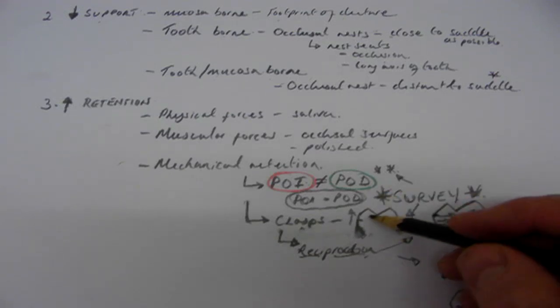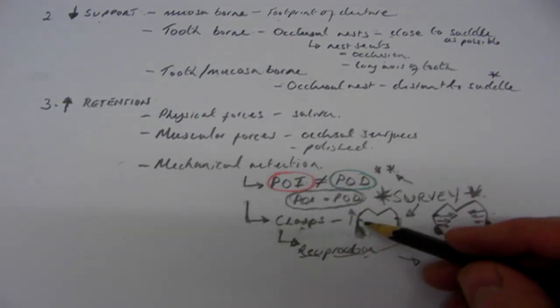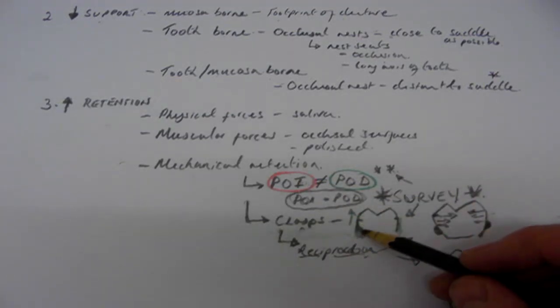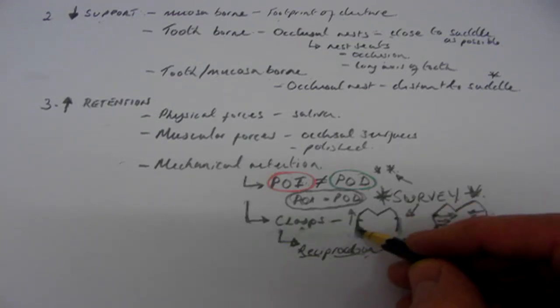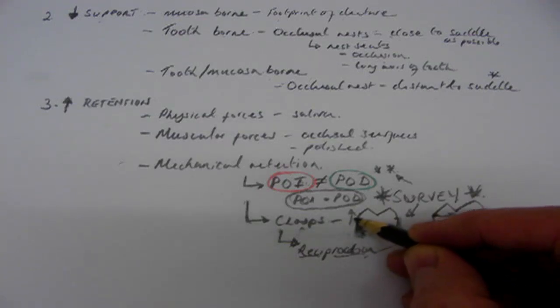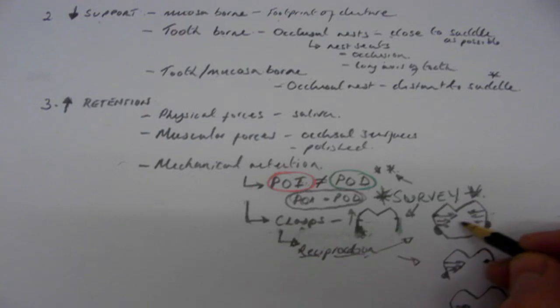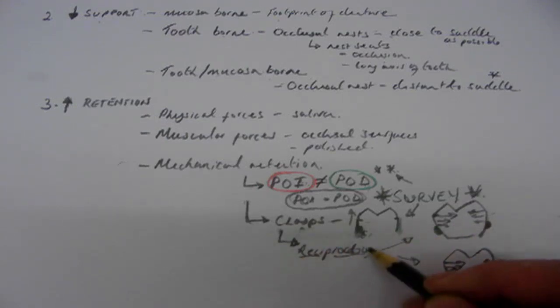In this case, of course, it can clasp relative to the path of insertion if we've designed it that way, and the clasp arm sits in the undercut area, and as it climbs the tooth it's going to exert force on the tooth sideways, so we must oppose that using reciprocation.